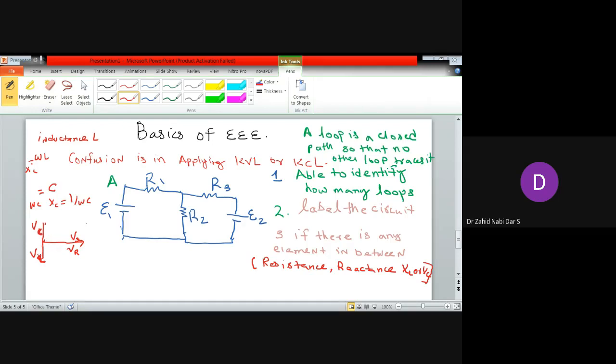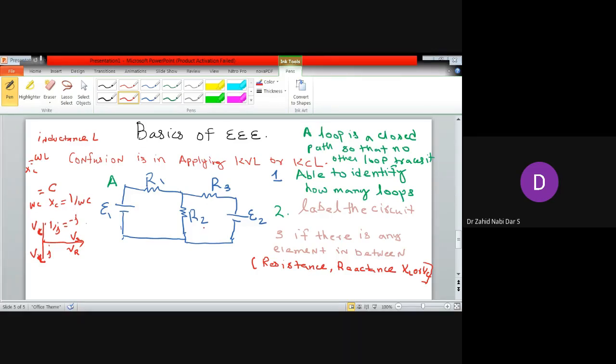In current it would be opposite. So if this is J, this becomes 1 by J, that is equal to minus J. So you always get this XC in terms of 1 by J omega C. That is the reason it is 1 by omega C.